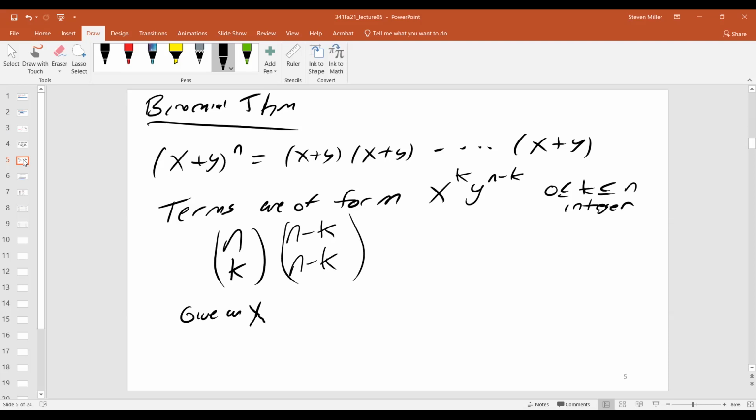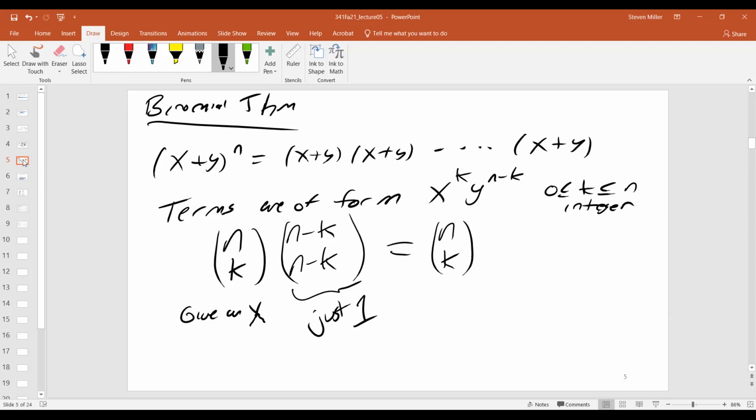But what's n minus k choose n minus k? It's just one. So when we write that the coefficient is n choose k, really you could write it as n choose k times n minus k choose n minus k in an excessive burst of notation, right? But there's really no need to do this because this is just one. So since it's just one, why bother writing it?